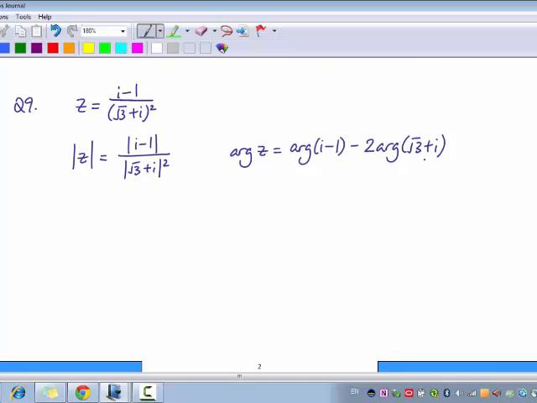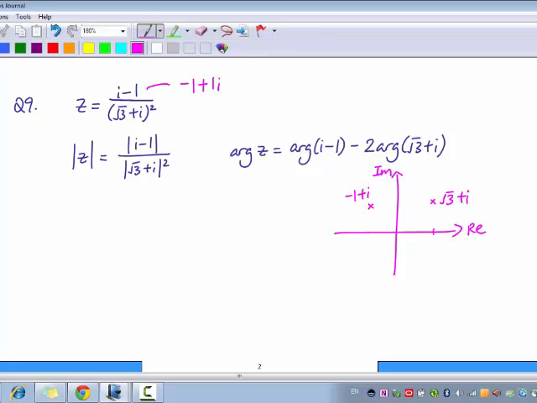And now let us draw the Argand diagram. i minus 1 is negative 1 plus 1i. Well, root 3 plus i will be in the first quadrant.